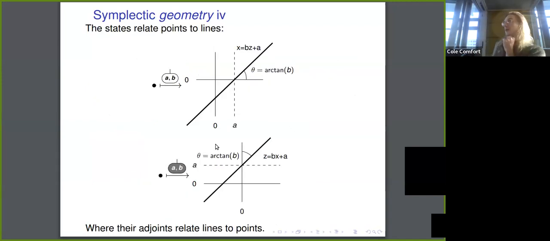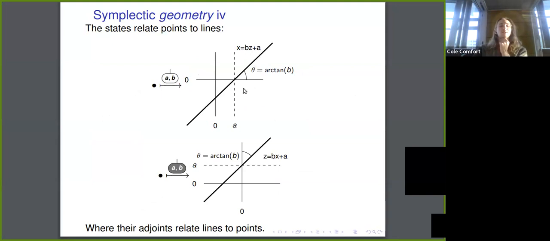And so those are the unitary things. But for example, for the states, if you have a state in the Z basis labeled by A, B, then you can think of this as the relation which takes a point and relates this point to every point on a line where the line is determined by the curve x equals b z plus a, right?